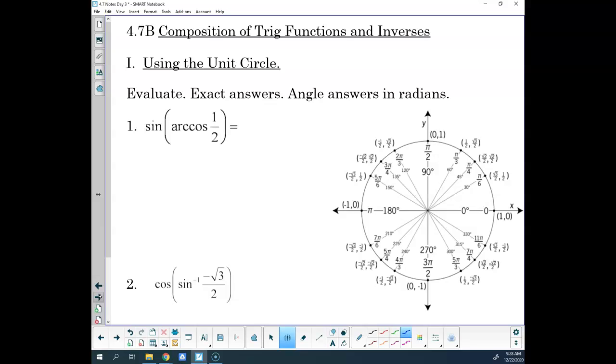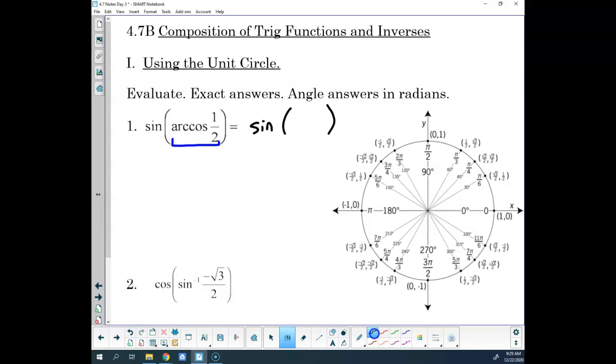We want to find exact answers, and we want our angle answers to be in radians, and our non-angle answers to be in exact fractions. So we want to be exact with all of this. If I have a composition, I start here on the inside and figure out the value of the blue part.